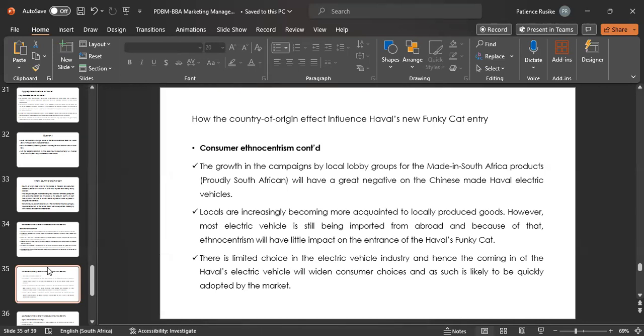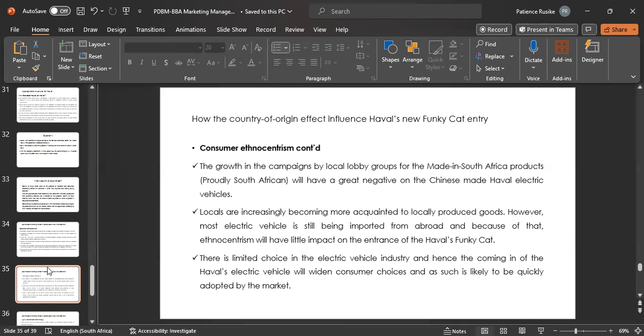Because you realize that even in mining, it is the African countries that mine. South Africa is a mining economy. When they mine, they sell their raw minerals to the Chinese. And then the Chinese, they will then produce a finished product, and then they sell it back to South Africa with a higher price. So now there are people that are saying, no, why can't we produce on our own instead of importing from these countries?